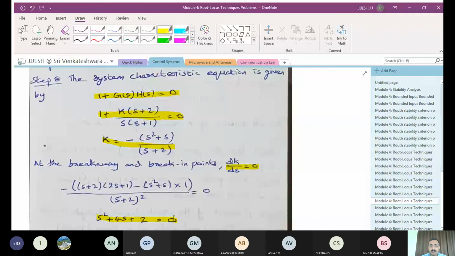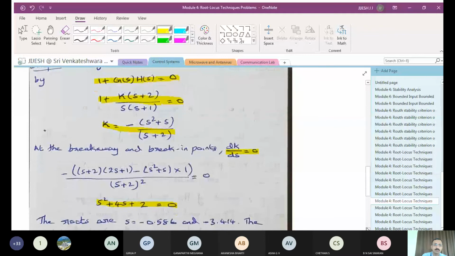You need to find the roots. The roots of s square plus 4s plus 2 equal to 0 are s equal to minus 0.586 and minus 3.414.